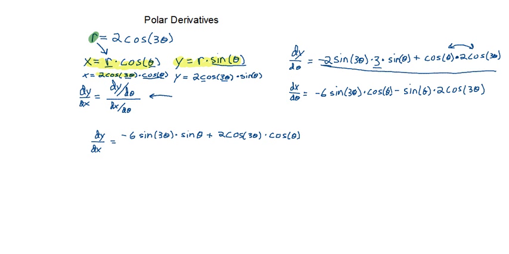Now that is all going to be over dx d theta, which is negative 6 sine of 3 theta times cosine theta minus, I'm going to put the 2 cosine of 3 theta there, times sine of theta.